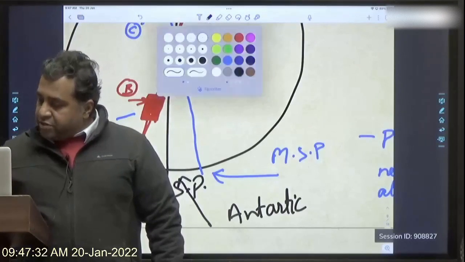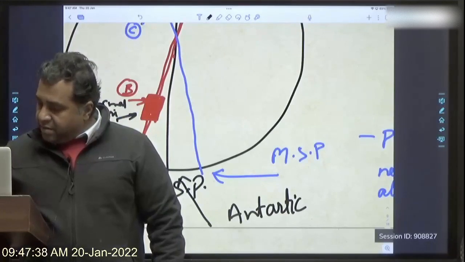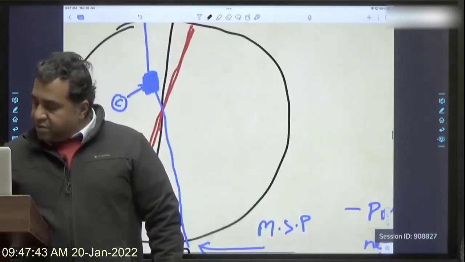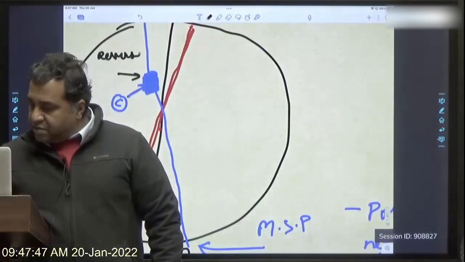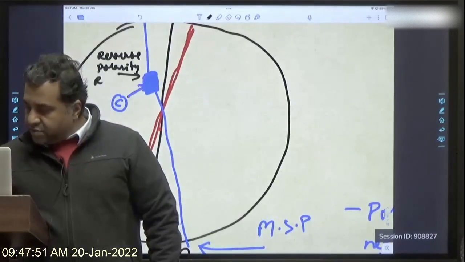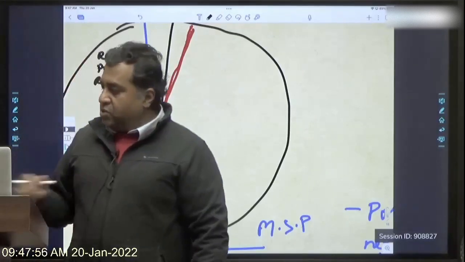Normal polarity rocks we can write, and the blue ones we can call reverse polarity rocks. Okay, right?